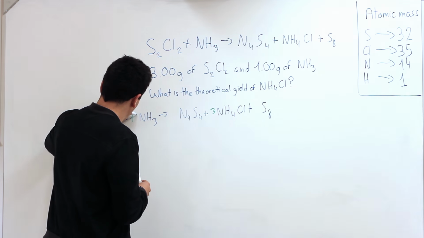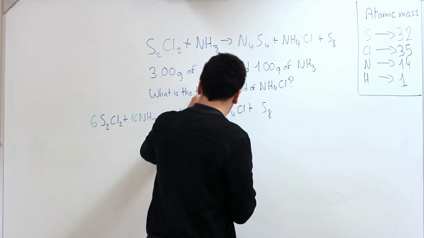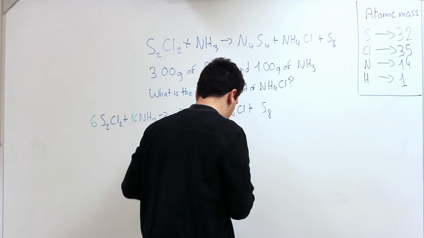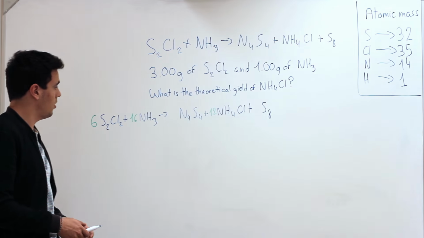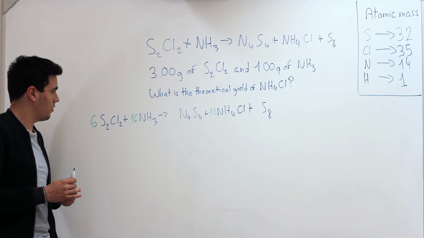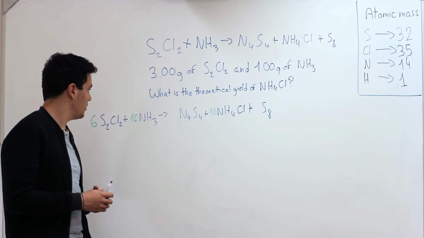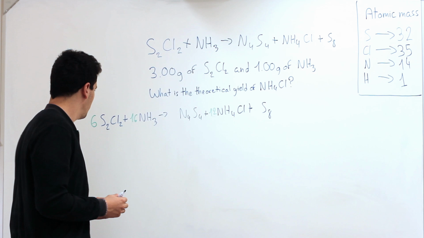That is 16, and here it is 12. And now, if you look at the other atoms, we're done with the balancing the equation part. So we're now going to move to step 2.